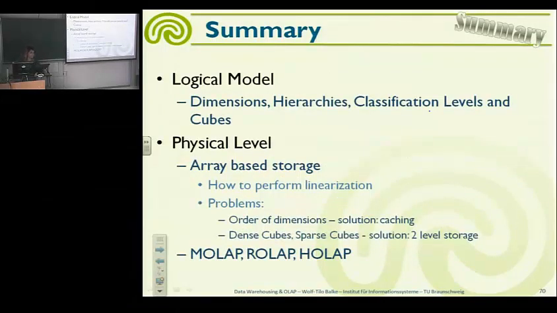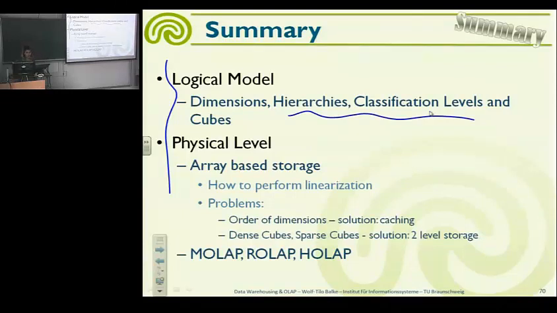So this brings us to the end of the lecture today, and to the end of the data modeling phase. So last lecture we talked about the conceptual modeling. Today we talked about logical modeling, and we looked at the cubes, and we looked at dimensions, so all the central objects that we have, and we talked about the different granularities in each dimension.